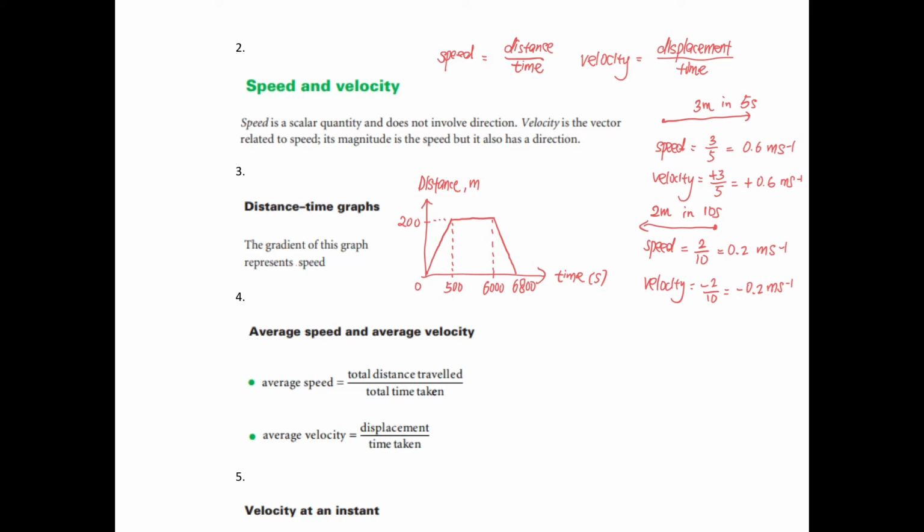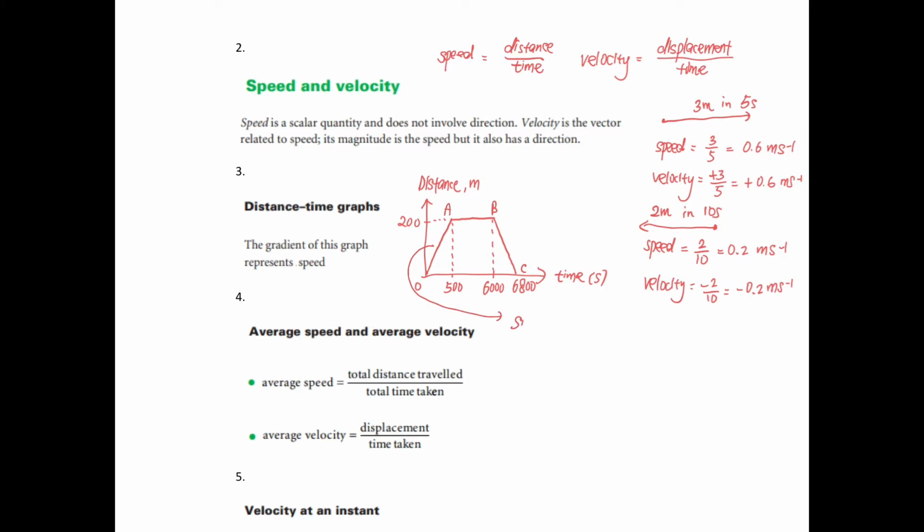Let's say this point is O, and let's say this point is A, and then B and then C. To find out the speed when you go to school, we just count the gradient here.